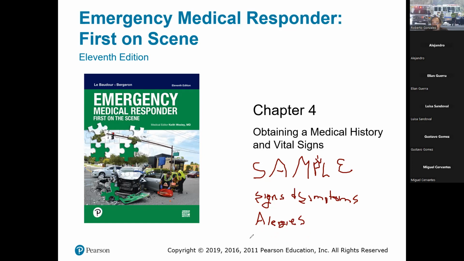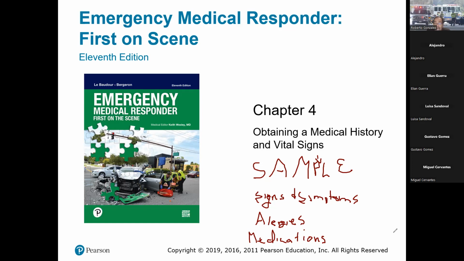But M stands for medications. Any medicines that they might be taking. Now, I'm going to tell you, medications are a cheat sheet for you, because if a person's taking diabetic medications like insulin, glucophage, also known as metformin, or glipizide or anything like that, those medications tell you they have a medical history of diabetes.